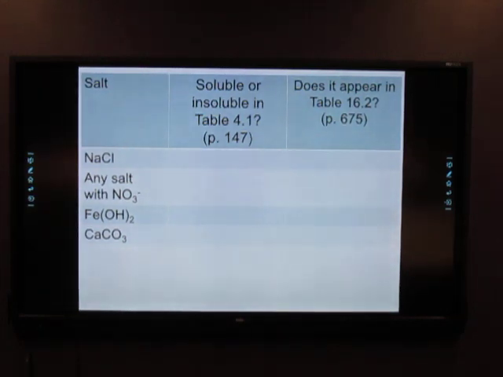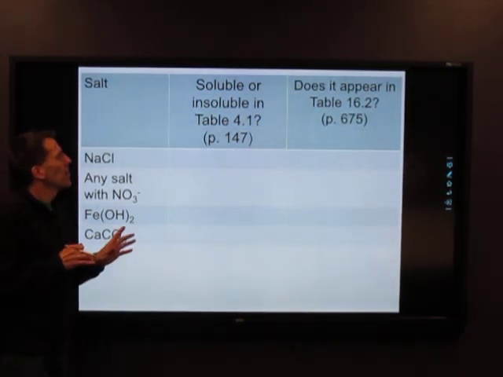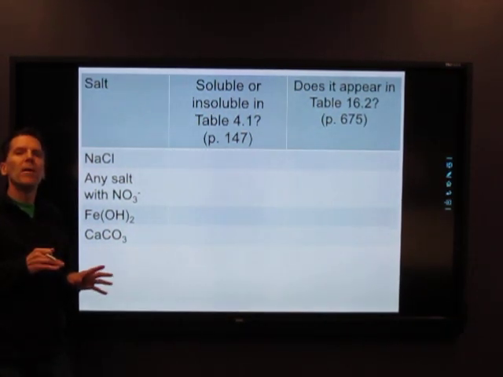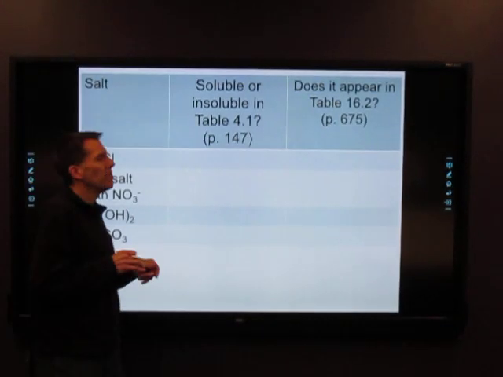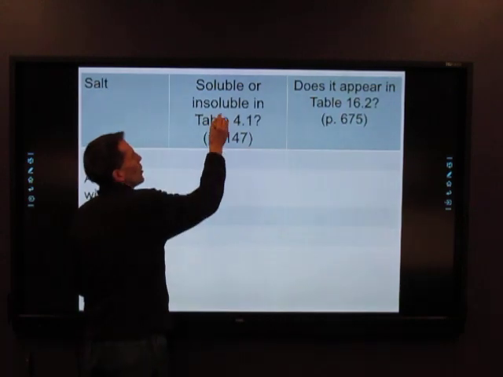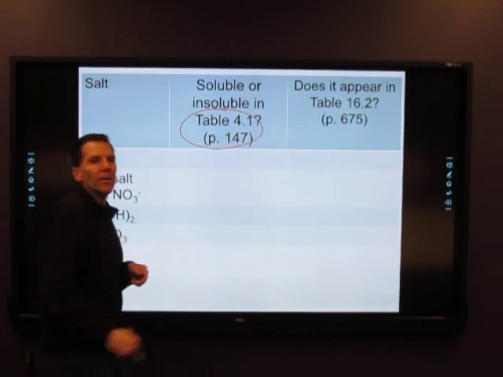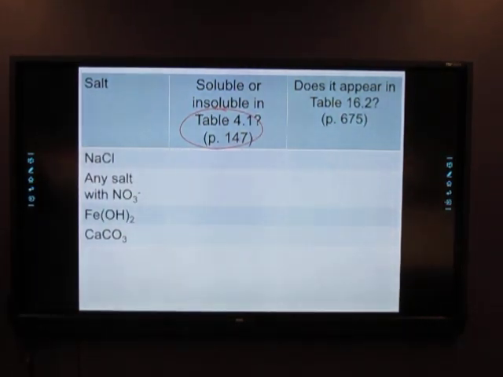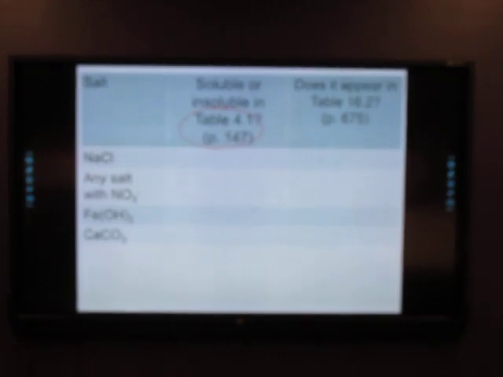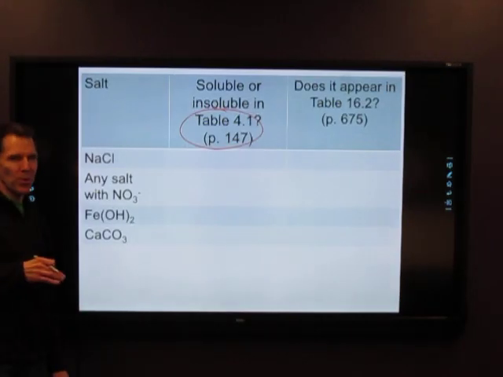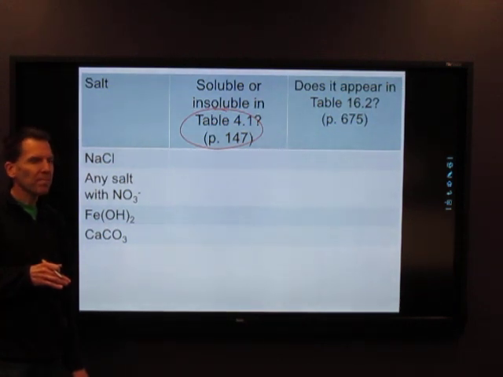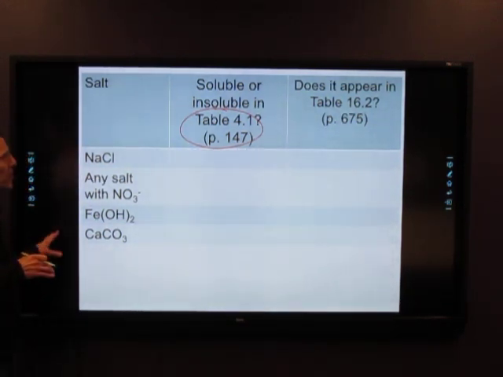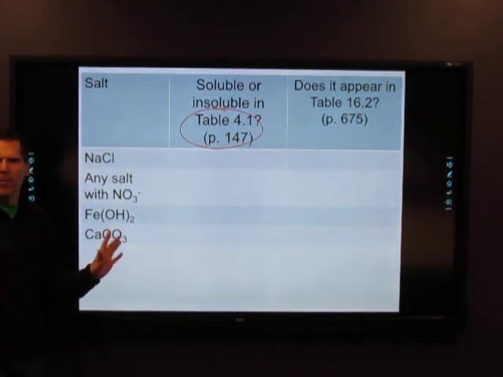And I just want to compare briefly some material way back from Chem 1. If you look at this on the screen here, this goes all the way back to page 147. If we looked at those solubility rules back in Chem 1, and we won't even go into those rules right now because we never memorized them.